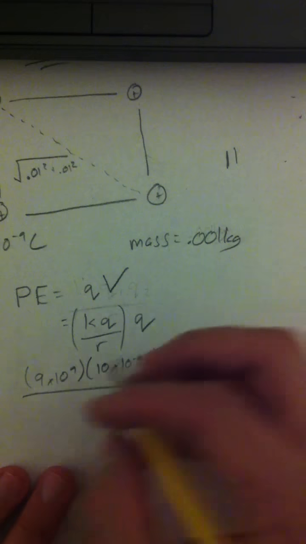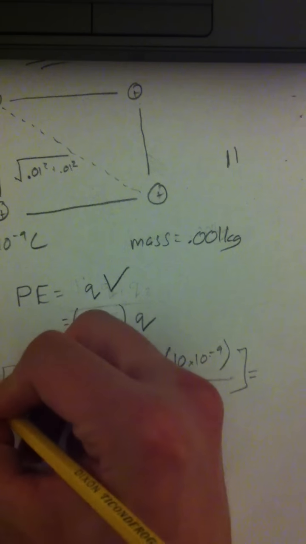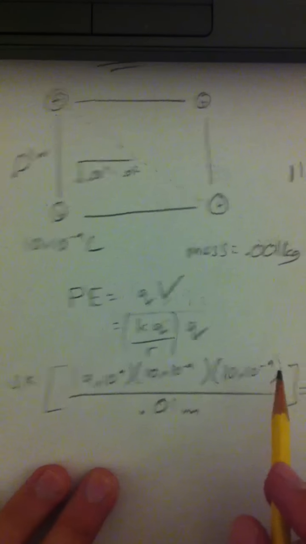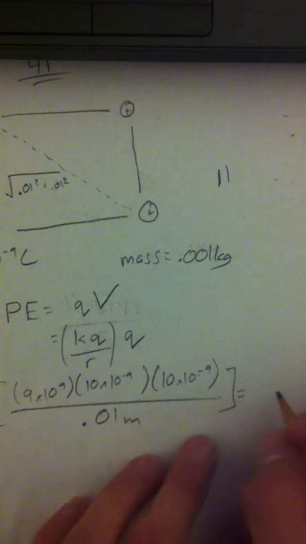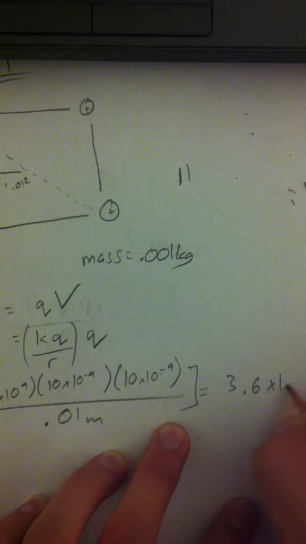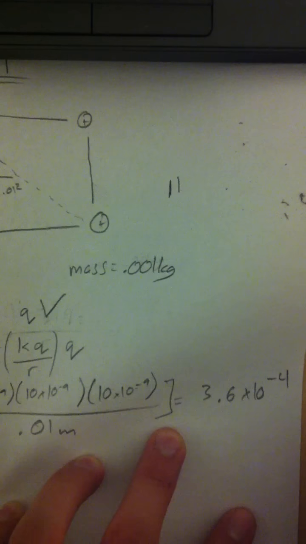And since there's 4 of them, we're going to have to times this whole thing by 4. 4 times that, and then we'll get the potential energy for that relationship. Turns out it's 3.6 times 10 to the negative 4th. Okay.